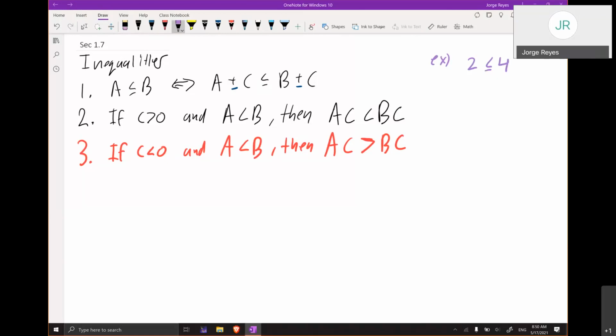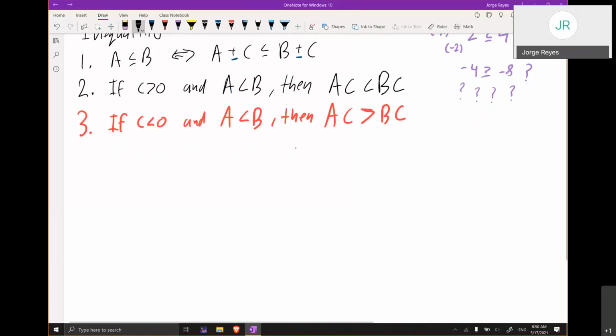Great. Let me multiply both sides by -2. So you get -4 is less than or equal to -8. And then you think about this and you're like, wait, that's actually wrong. Well, you have to flip it because -4 is actually bigger than -8. So that's the reason that 3 exists.